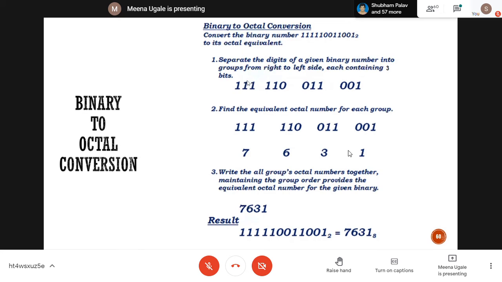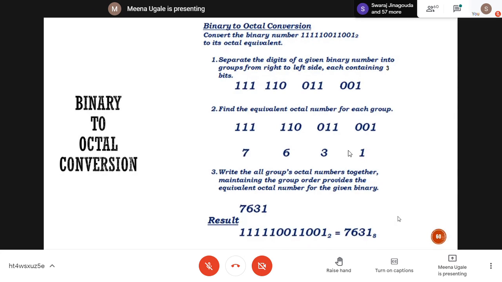This is the example I have given: 111, 110, 011, and 001. So this is the whole series of numbers given here. First, I am going to group it into 3 bits, starting from the right-hand side, from the LSB. Make groups of 3, write the equivalent of each, and that is going to give you the final octal number.